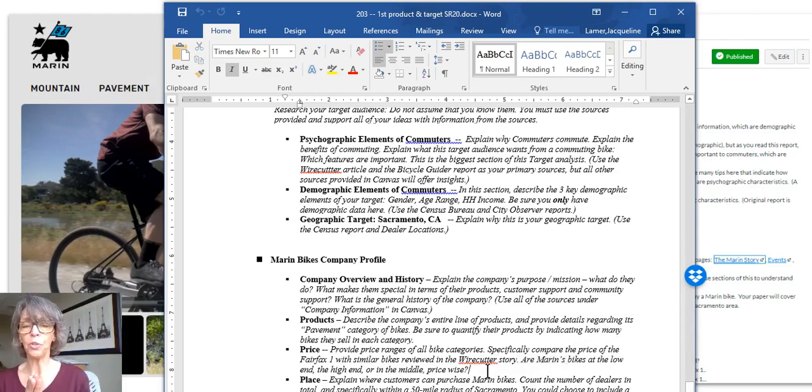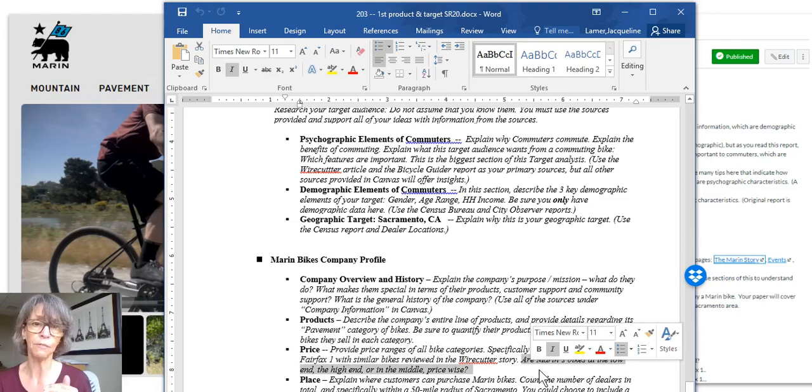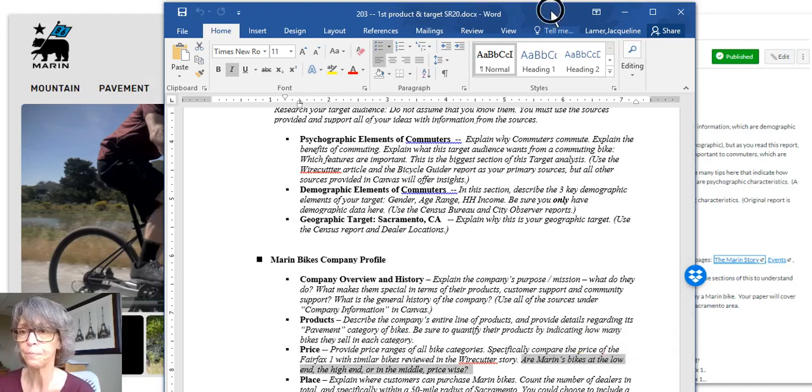It's important for you to understand that so that you don't just think that this is a really expensive bike based on your own version of what is cheap and what is expensive. We care about what the target audience thinks is cheap and expensive. So use that Wirecutter story to help you put that in place. This part of your paper should be explaining where Marin fits in terms of the price of commuting bikes.